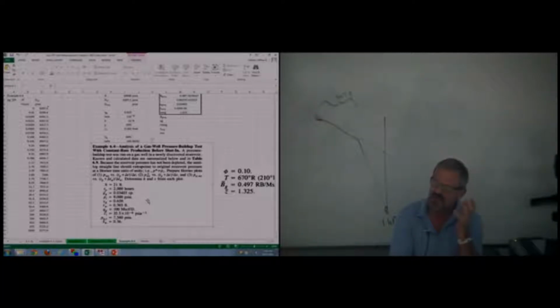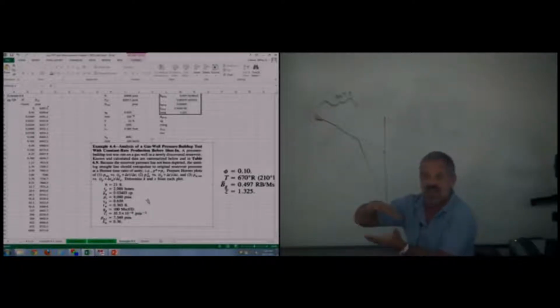Now that doesn't mean this is a terrible well. Maybe they felt like they could control the rate at 100 MCF a day easier than 1,000. If you're running a constant rate prior to a buildup, you want to run at a low rate, because what if the well can't sustain that rate? You've lost your opportunity to run a constant rate test.